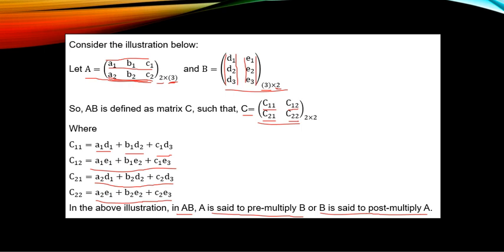The summary is that you use the first row to multiply the two columns of the second matrix, then the second row to also multiply the two columns of the second matrix. So when you use the first row, you get the first row in the answer. If I use the second row, you get the second row in the answer. Okay.